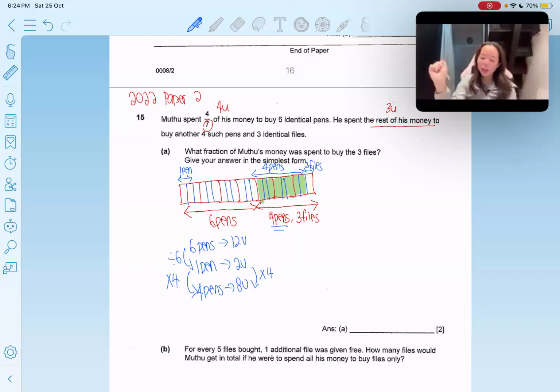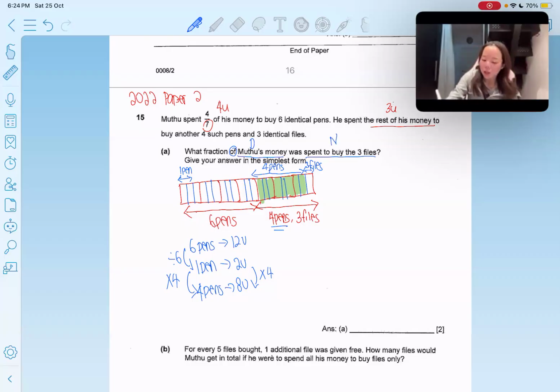Now the question is, what fraction of Muthu's money was spent to buy 3 files? I said before, whenever I ask for fractions, after the word "of" is your denominator. So the total amount of Muthu's money is your denominator, and the remaining part, which is after your "is, are, was, were", is your numerator.